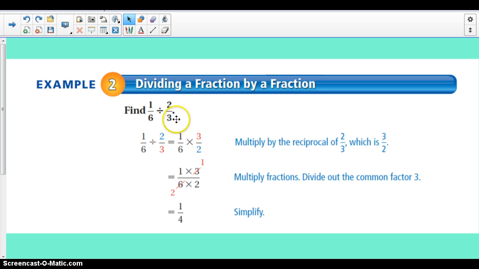Alright, did you follow that? This stays the same. The first fraction is not changed. Flip division to multiplication, flip the second fraction to get its reciprocal. Now here's your new problem. 1 times 3, 6 times 2. Cross factorization right here. That way when you multiply these out, you already have it in its simplest form. Easy enough.